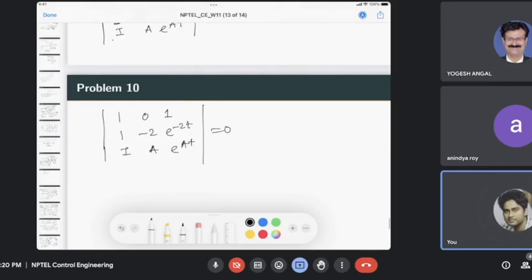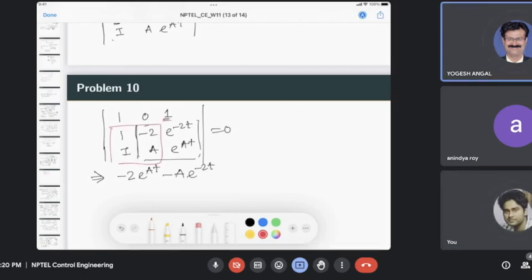Then you just expand this determinant. We have 1 times this small sub block, minus 2 e to the power At minus A e to the power minus 2t, and this 1 times this sub block, times A plus 2I, equal to 0.